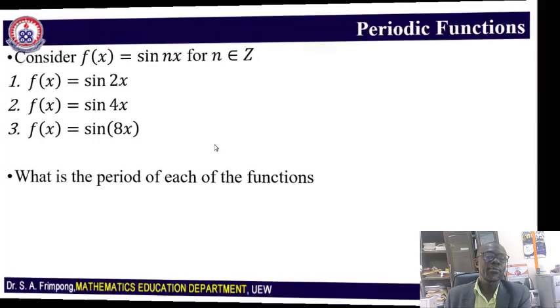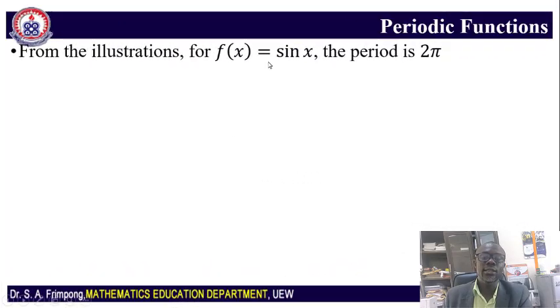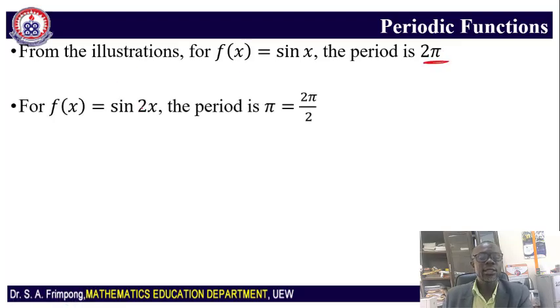Okay, well, come back. You realize that in GeoGebra, the period of sine x is 2 pi. Then we realize that the period of sine 2x was pi. And we know the period of sine x is 2 pi, so the pi is the same as 2 pi over 2.